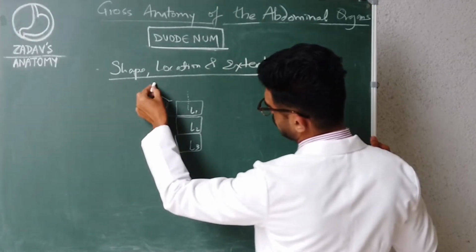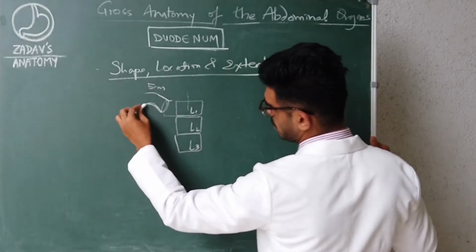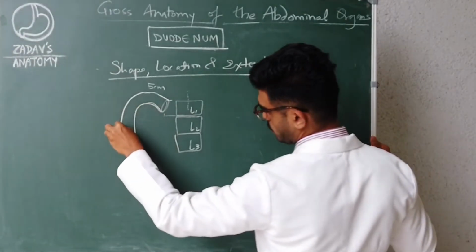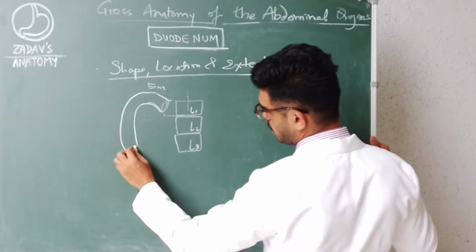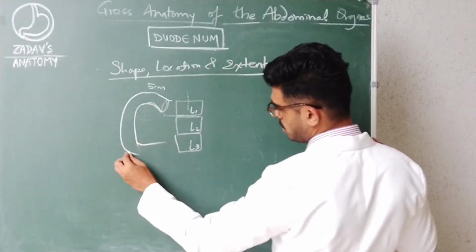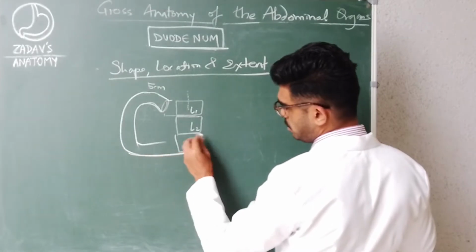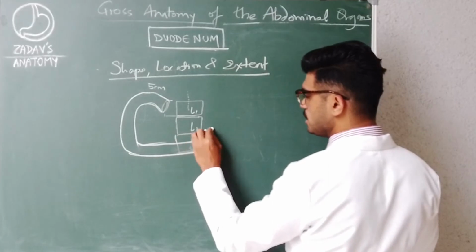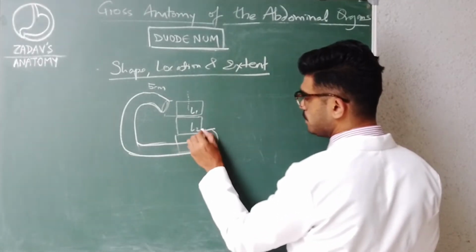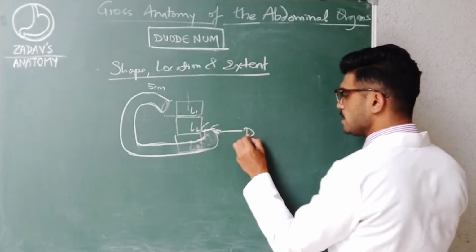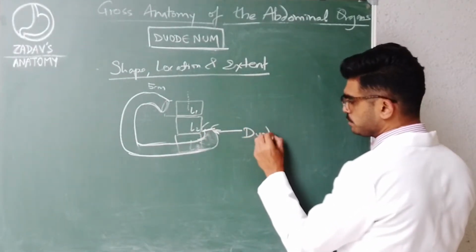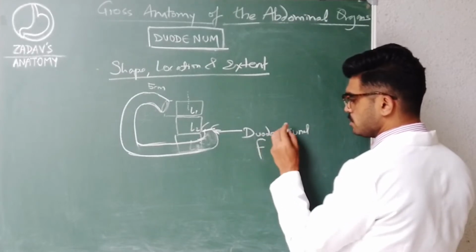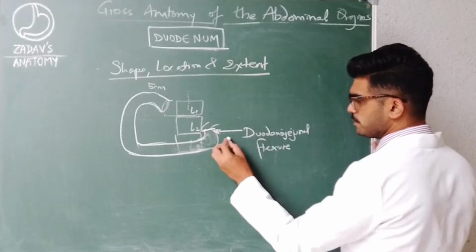The first part is about 5 centimeters, after which it's going to come straight downwards, so that the third part, which is again horizontal, lies roughly along the lower border of the L3 vertebra, and finally the fourth part ascends upwards again to meet the jejunum at what is known as the duodenojejunal flexure.